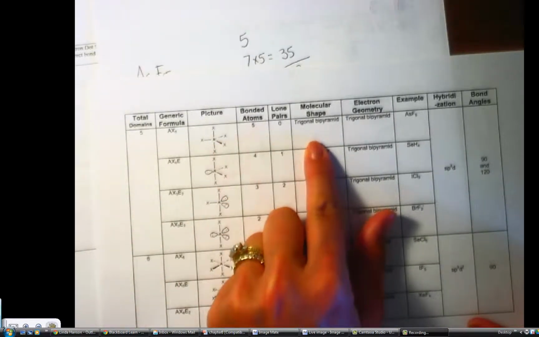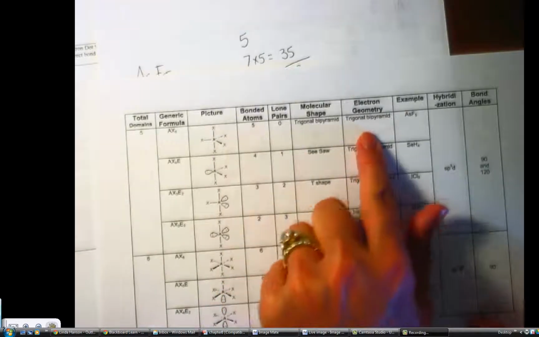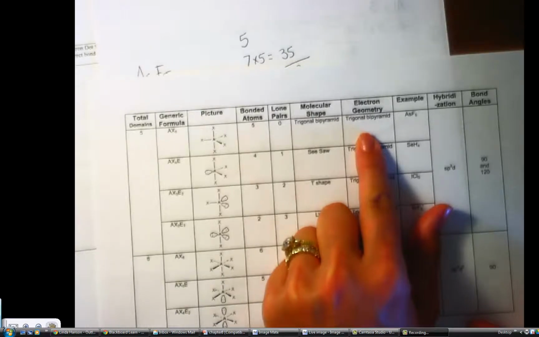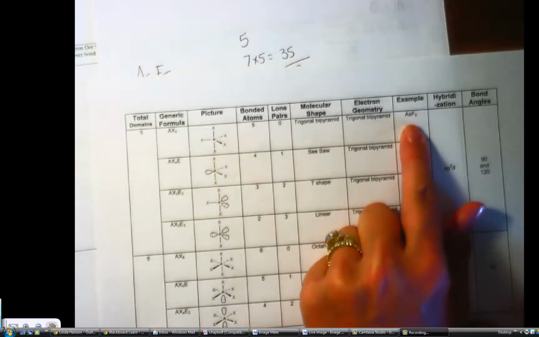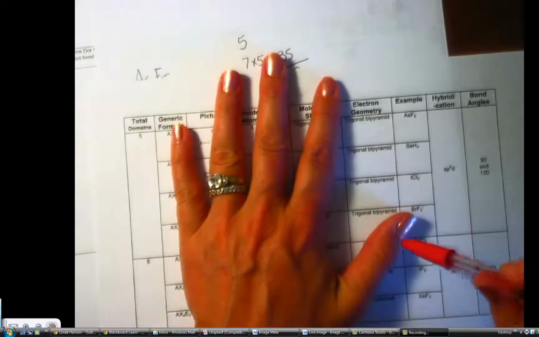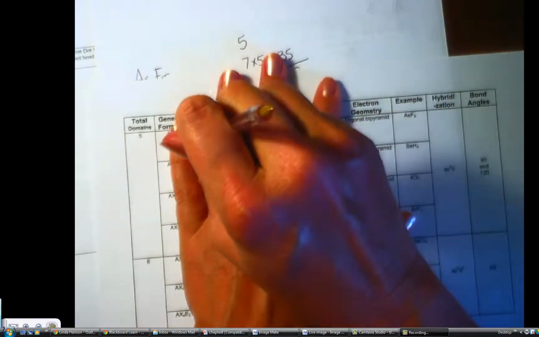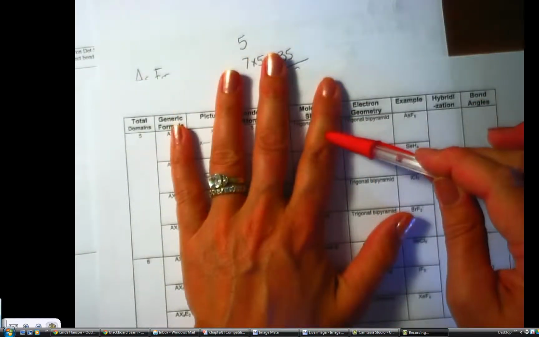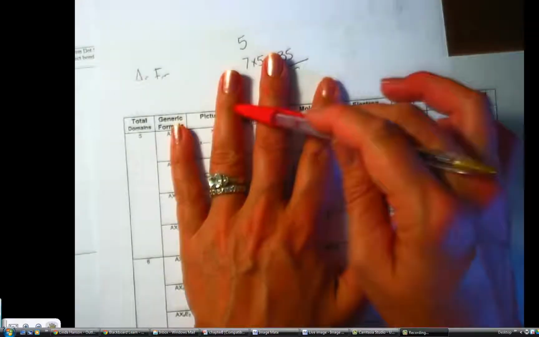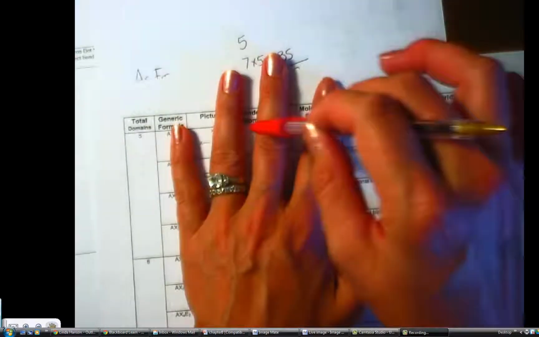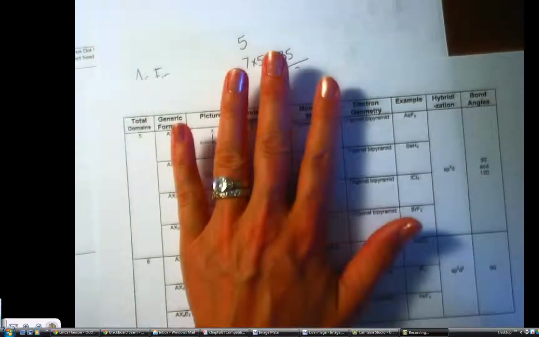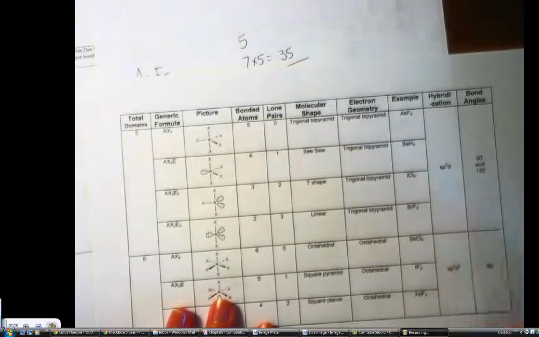It's going to have a molecular shape of trigonal bipyramidal, which is also the electron geometry, trigonal bipyramidal, and there's our molecule AsF5. There's 5 domains, so s, p1, p2, p3, d1. There are only 3 p orbitals in the p sublevel, right? So s, p, p, p, d1 are the 5 domains: sp3d.